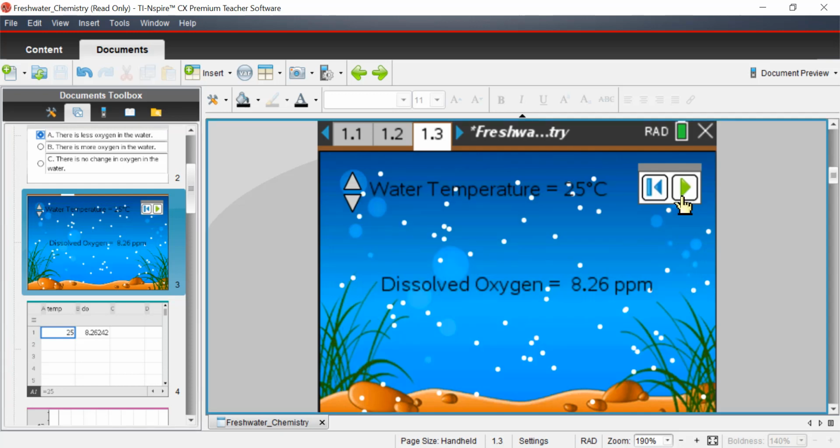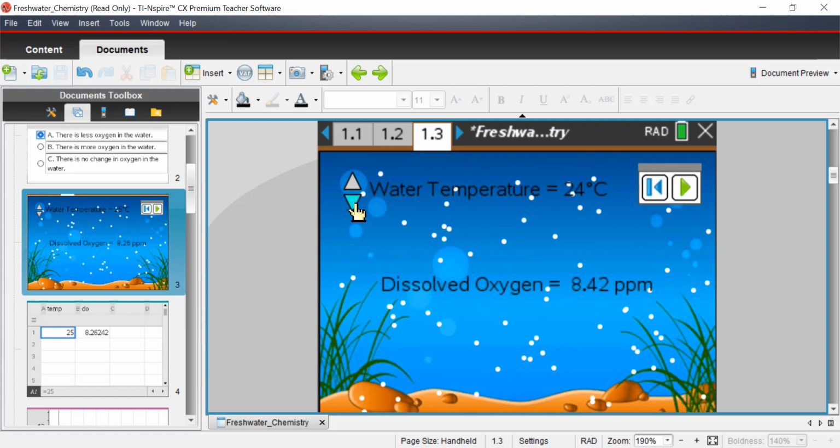All right, so let's try this out here. The water temperature is 25 degrees, and currently it's saying that the DO reading is 8.26 ppm. And ppm stands for parts per million. So out of a particular volume of water, out of the million molecules that are in that water, 8.26 of those are dissolved oxygen.